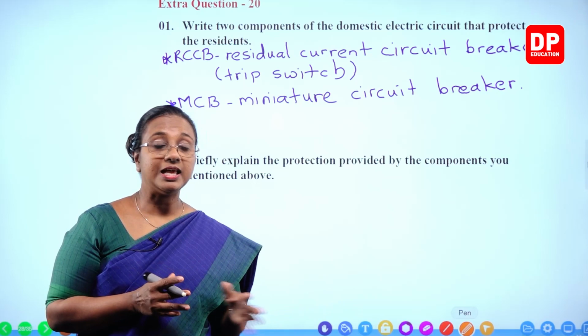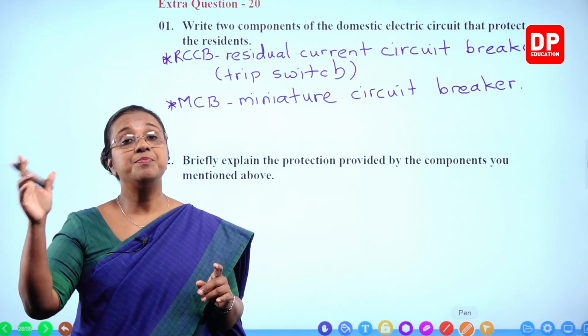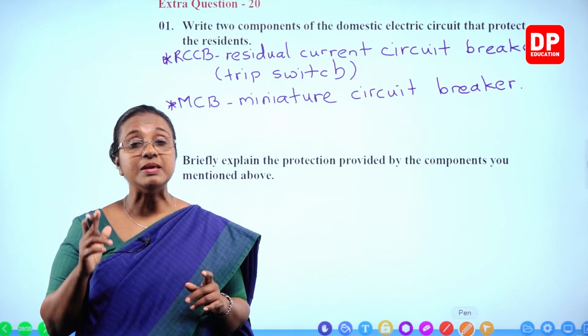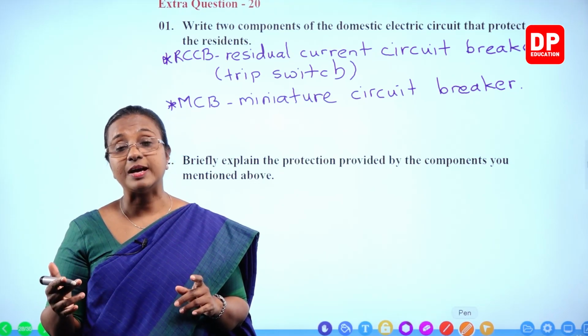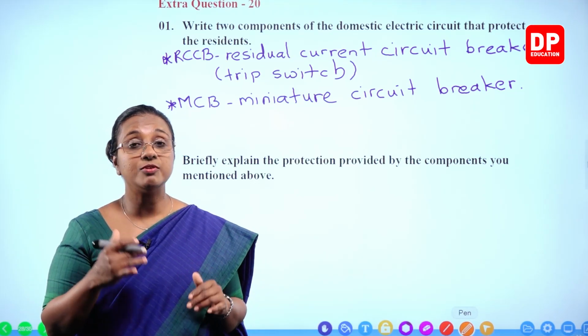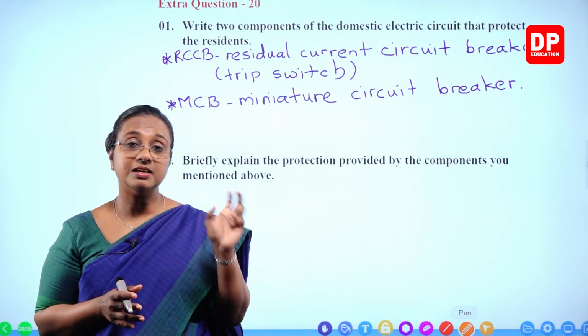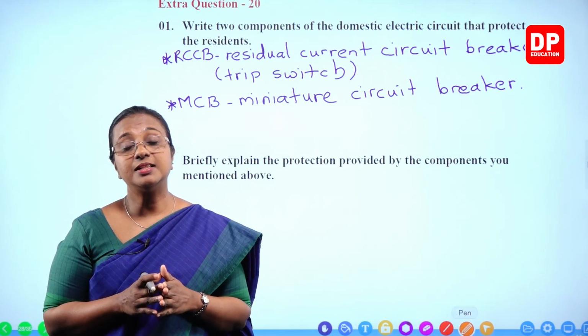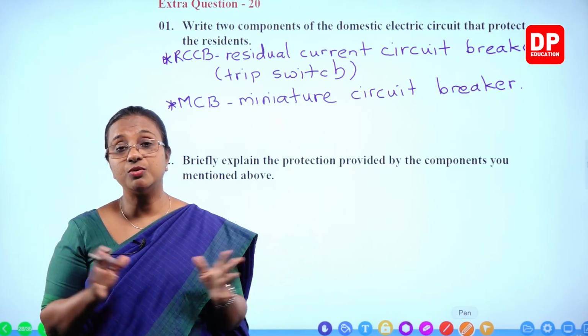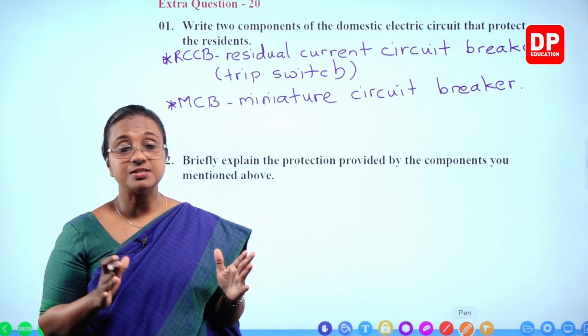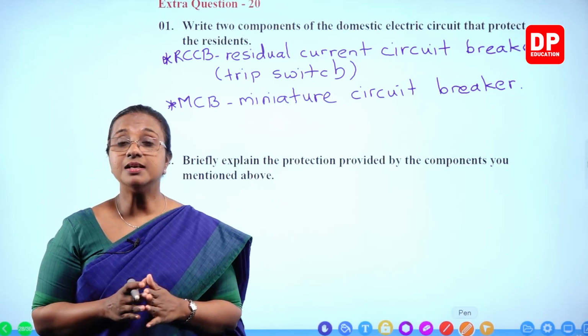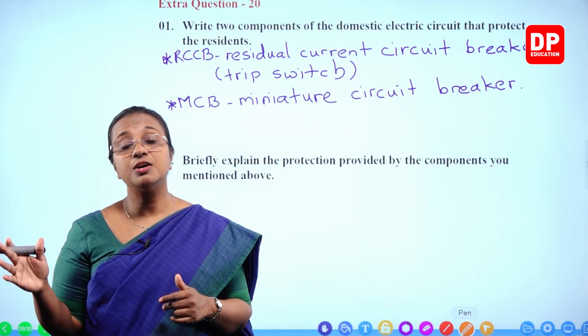So one thing, it will get earthed. At the same time, the electricity will be induced. Due to electromagnetic induction, there will be current flowing through the trip switch, and immediately, automatically, the trip switch will disconnect the electricity supply to the whole household. Because of that, it protects the residents from electric shock.